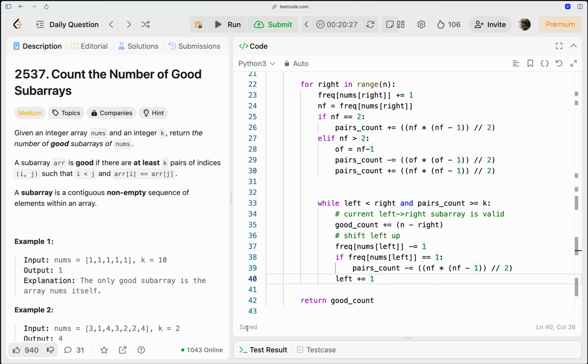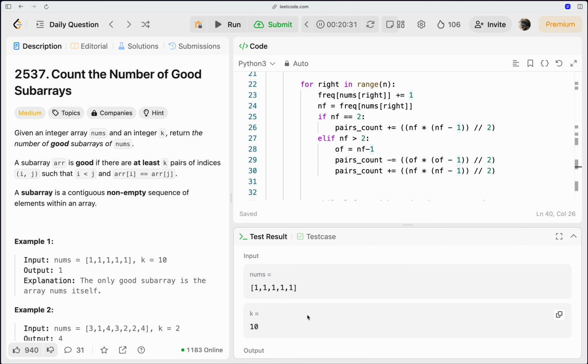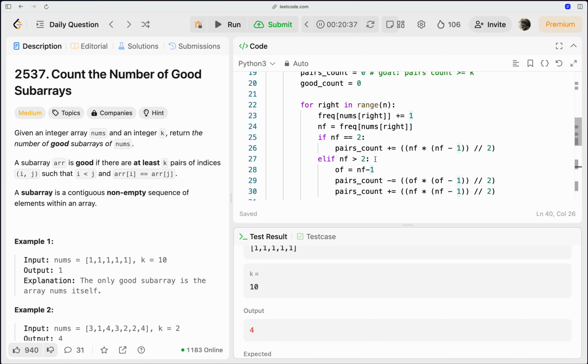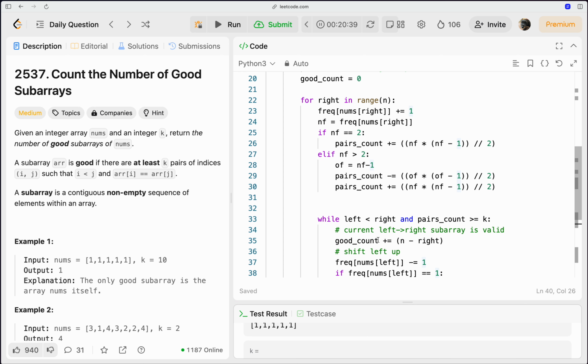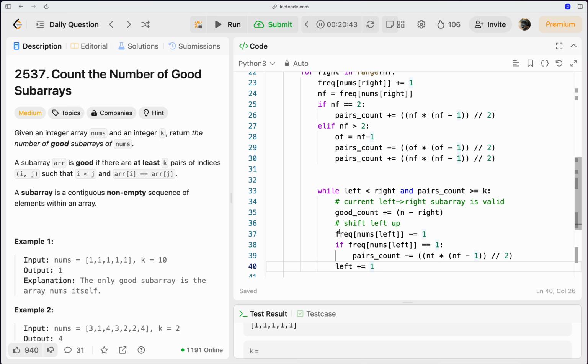Wait, the first example shouldn't really, 1, 2, 3. It should be 10 at the end, and then it would stop. So why wouldn't it go into this while loop at all?